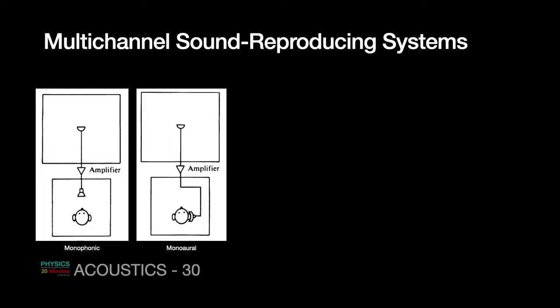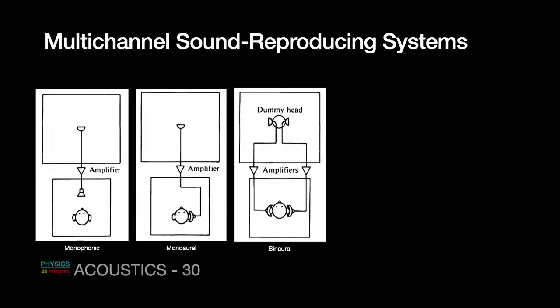Monophonic recording has some variations. Here the monophonic recording is happening, but it is reproduced to one ear only, not to both ears. So this is monophonic but also monaural. This is binaural. So this is the third way. This is also monophonic in a sense that you have a dummy head and the recording mics are placed as if there are two ears of the dummy head.